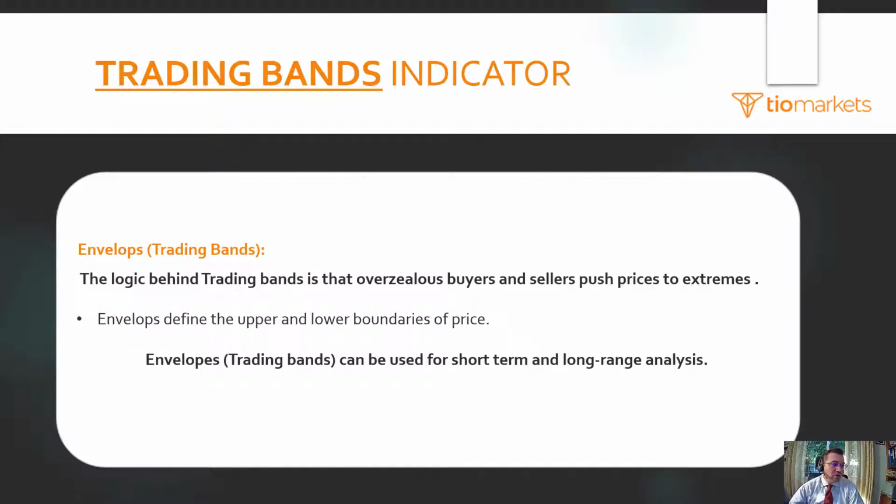The logic behind a trading band is that overzealous or very enthusiastic buyers or sellers push prices to extremes, where you might see an asset go to a really high level or really low level and it's out of sync with reality. So the envelopes help to define the upper and lower boundaries of price. Envelopes can be used for both short-term and long-range analysis.